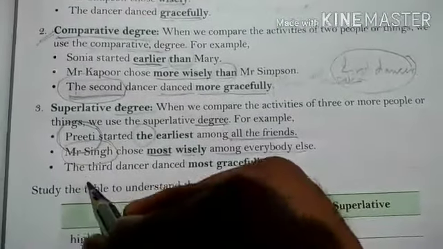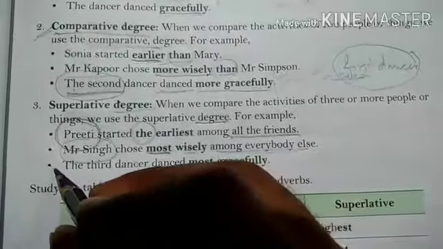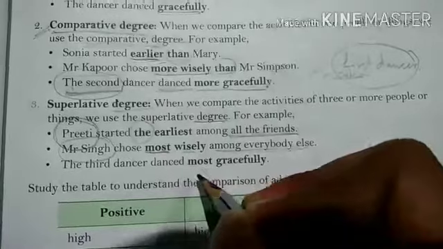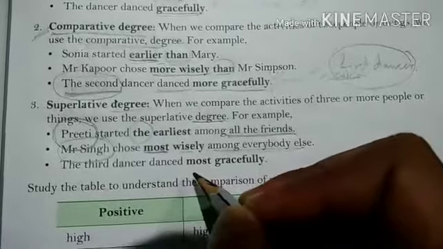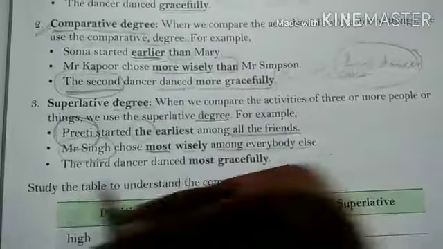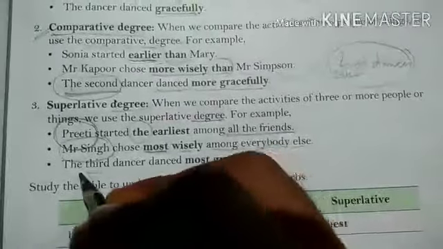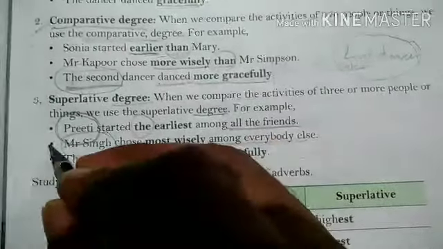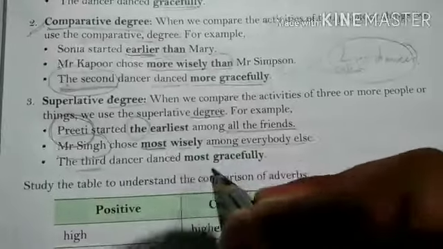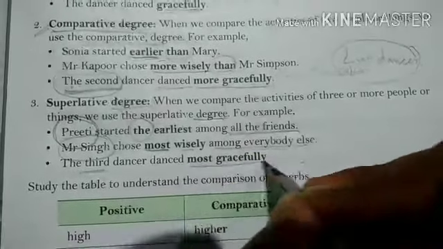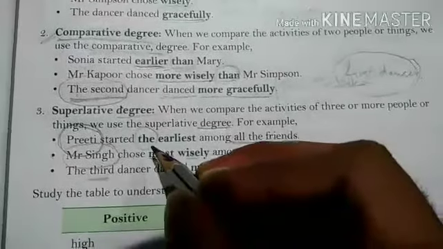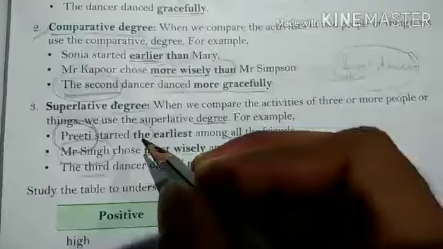Here we are comparing the first dancer with the second and the third dancer. That means we are bringing comparison among more than two persons. Here we have three persons. Third means we have already first and second dancer also. So among all three dancers, the third dancer danced most gracefully. I hope you have understood positive, comparative and superlative degree of adverbs.